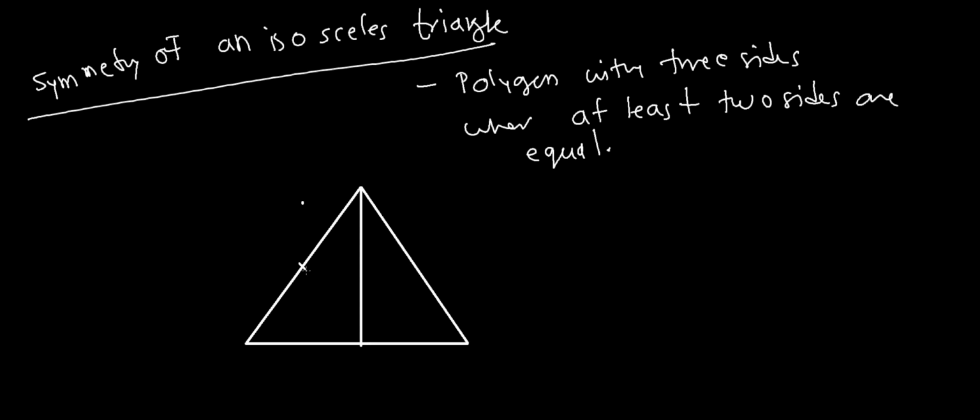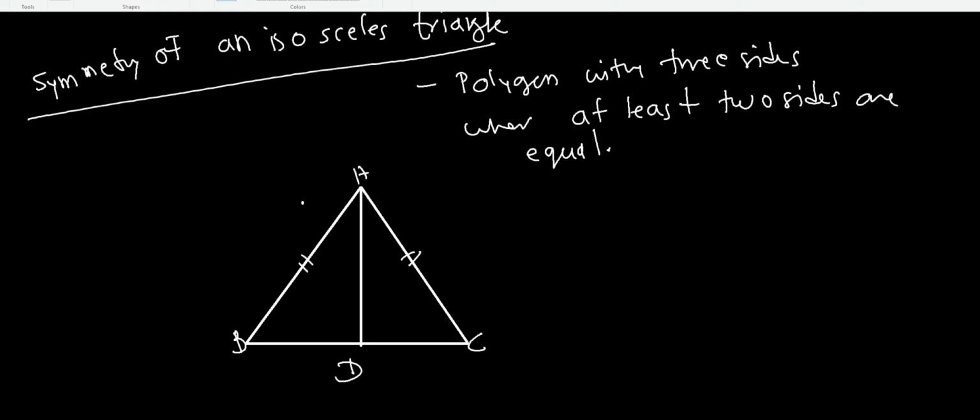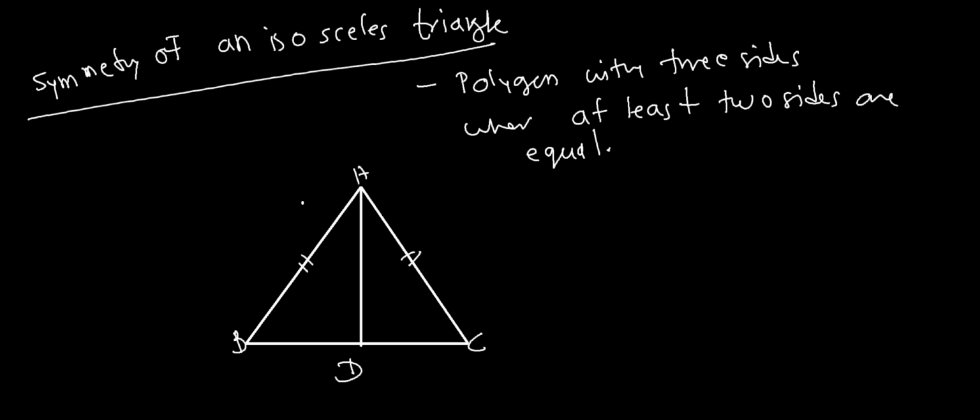We show these two sides as equal, the triangle is ABC, and this line segment is AD. We make this line segment dotted.